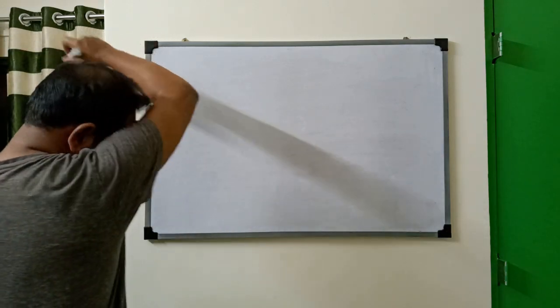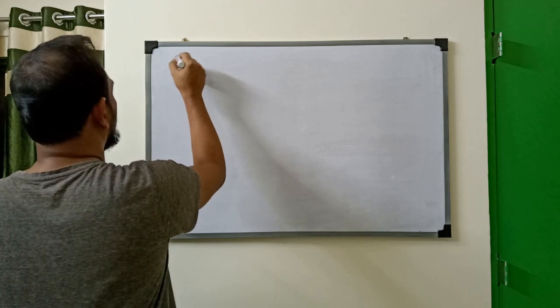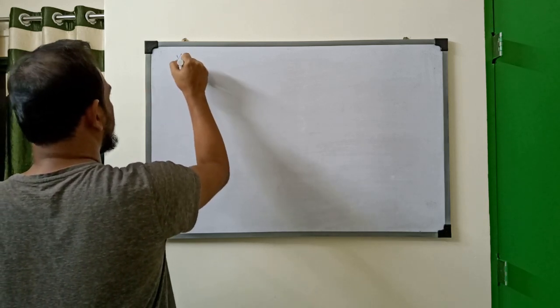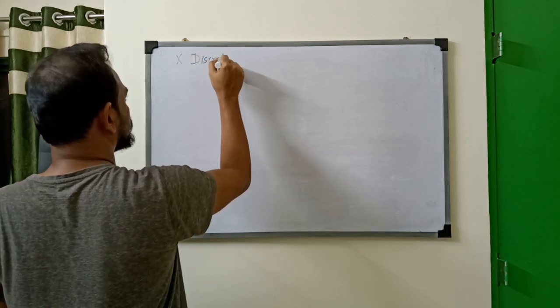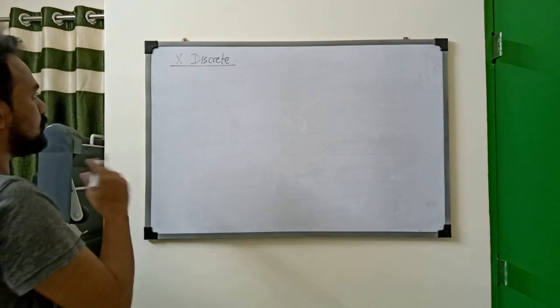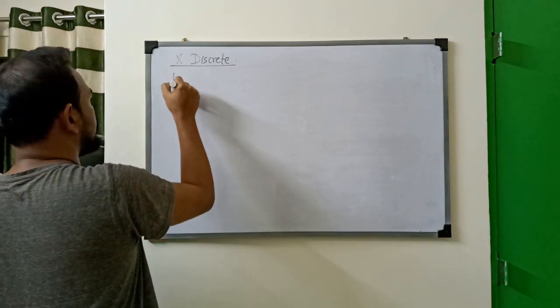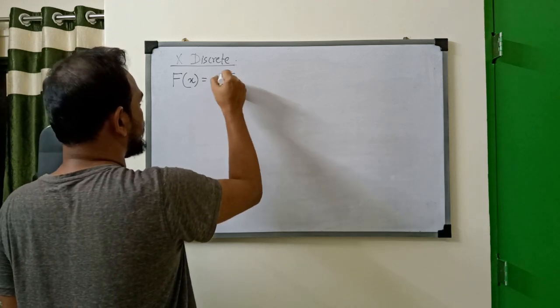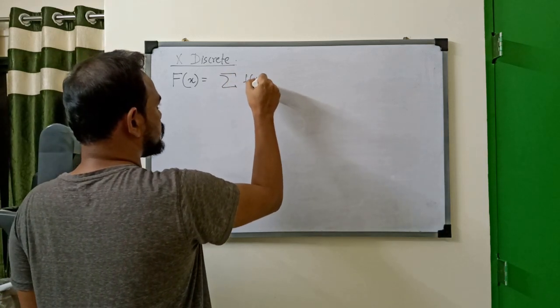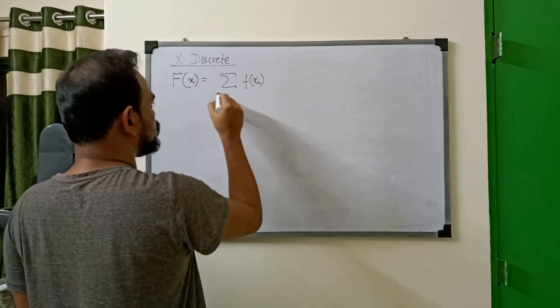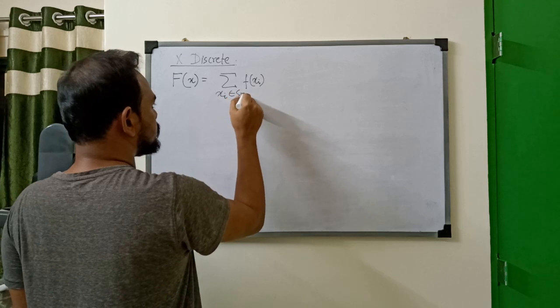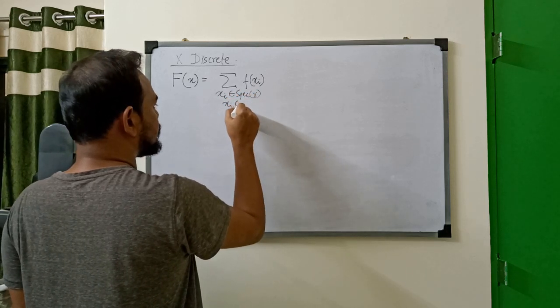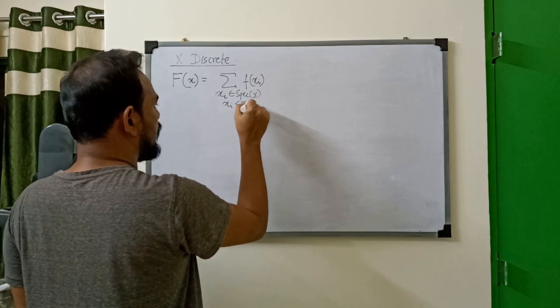One important thing worth mentioning is that in the case when x was discrete, the relation between the CDF at any point x and the probability mass function was given by this summation of the PMF over the spectral points which were less than x.